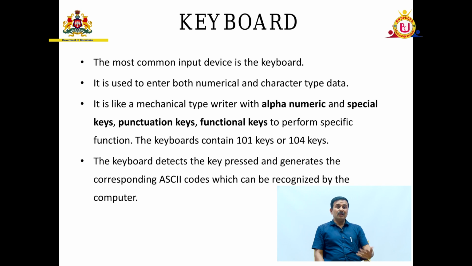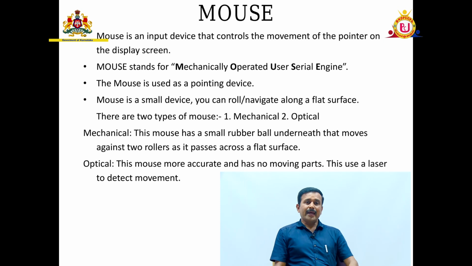Then we'll go for another input device called a mouse. A mouse is a mechanically operated user interface device. Mouse is also one of the standard input devices, specially used for movement of the pointer on the screen.